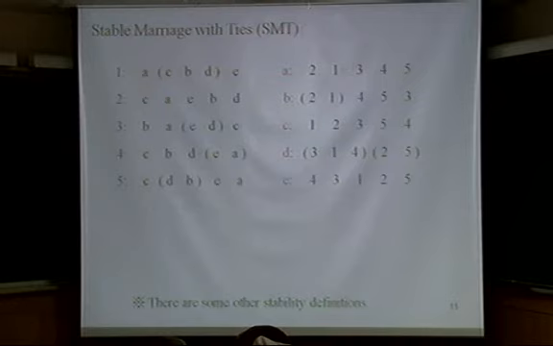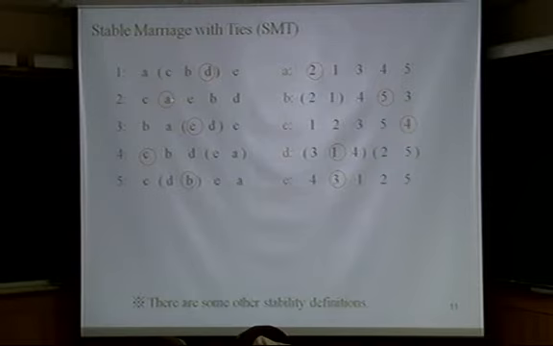First, I consider stable marriage with ties. So the instance is like this. And I will make the definition clearer. For example, let us consider this matching.